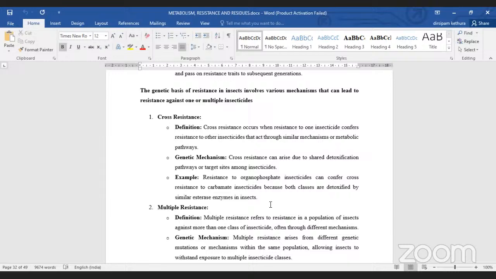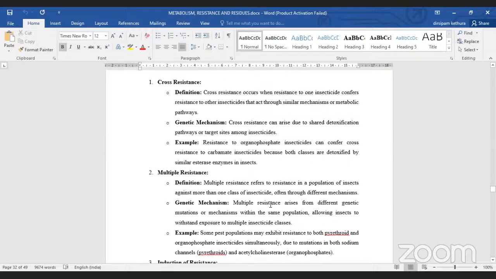Example, resistance to organophosphate insecticides can confer cross resistance to carbamate insecticides because both classes are detoxified by similar esterase enzymes in insects. This is the example for cross resistance, where resistance to one insecticide confers resistance to other insecticides through the metabolic pathways.